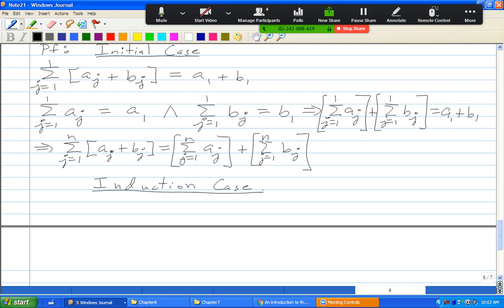So let's suppose the following. Suppose that the sum j equaling 1 to k of a sub j plus b j is equal to the sum j equaling 1 to k of a j plus the sum j equals 1 to k of b j.